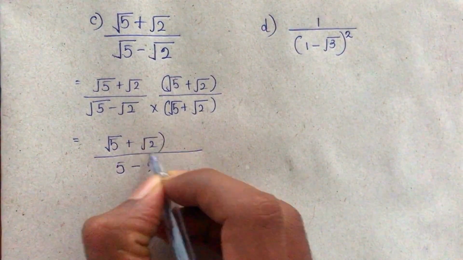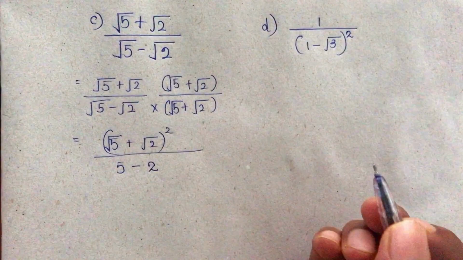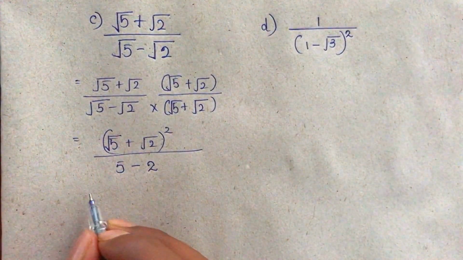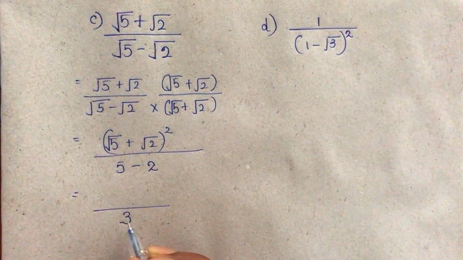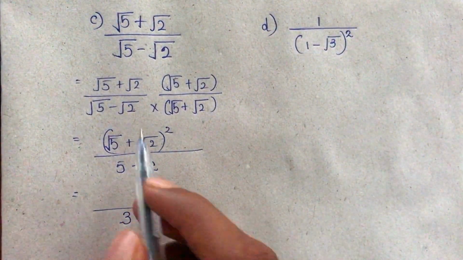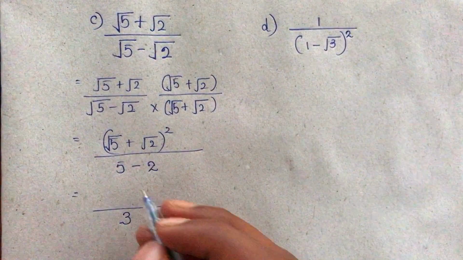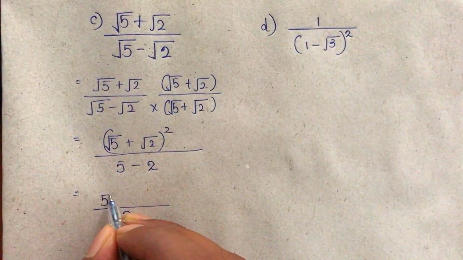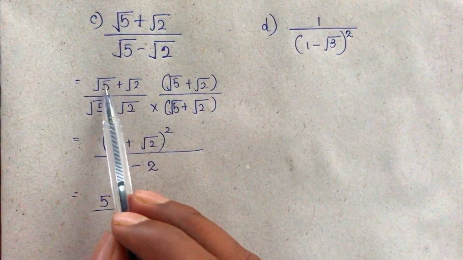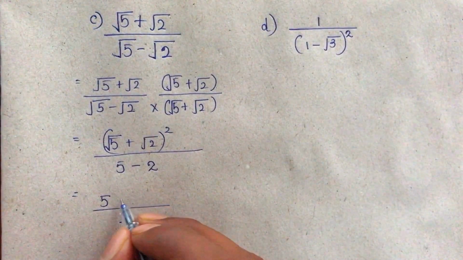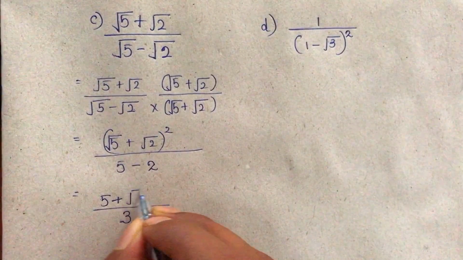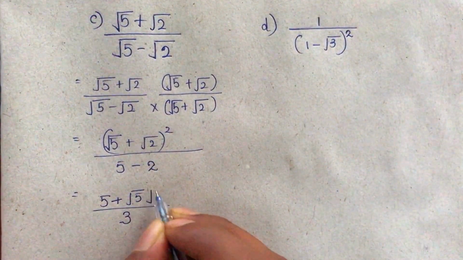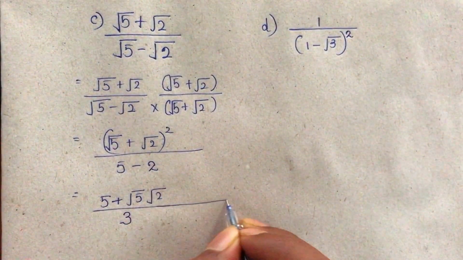In the denominator you get 3, and in the numerator you simplify the bracket: it is 5 plus square root 5 times square root 2, and plus square root 5 times square root 2 again, and finally 2.